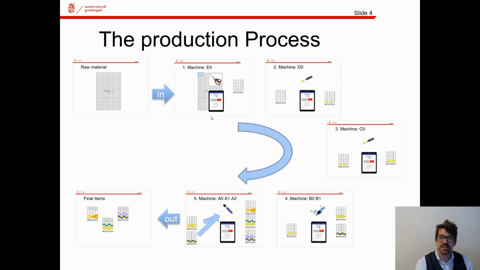And now you also can see the position within a machine. In the middle, we have the mobile device. On the left-hand side, we have the inventory of the input material. On the right-hand side, we have the finished items for this production step.